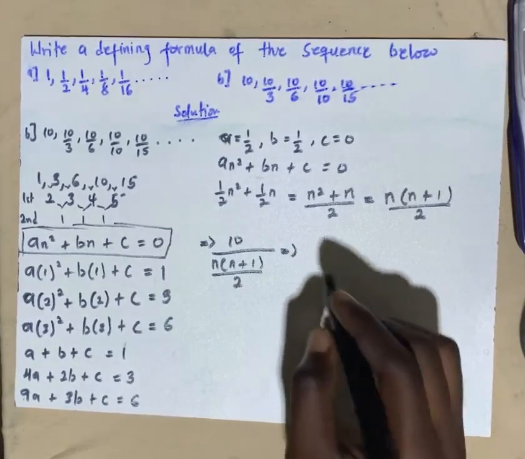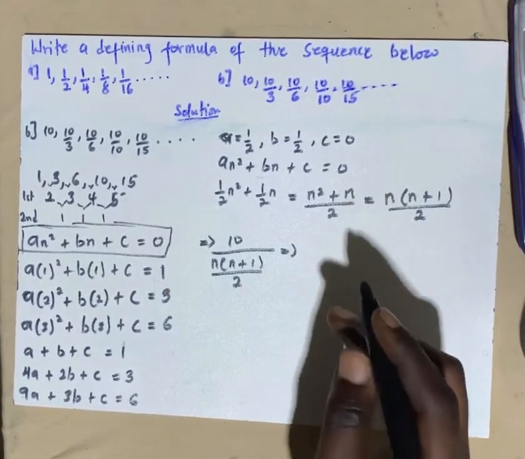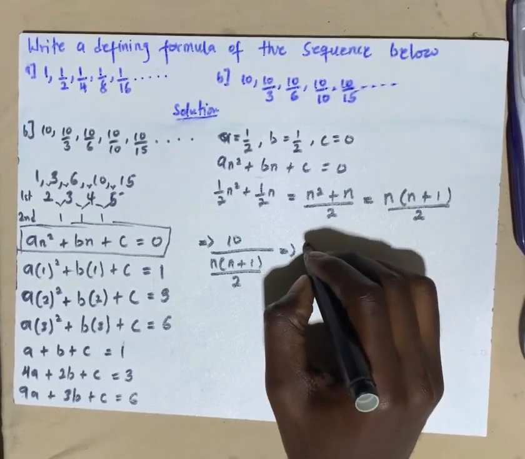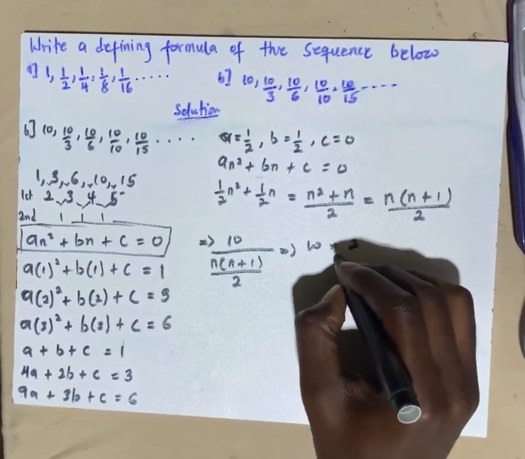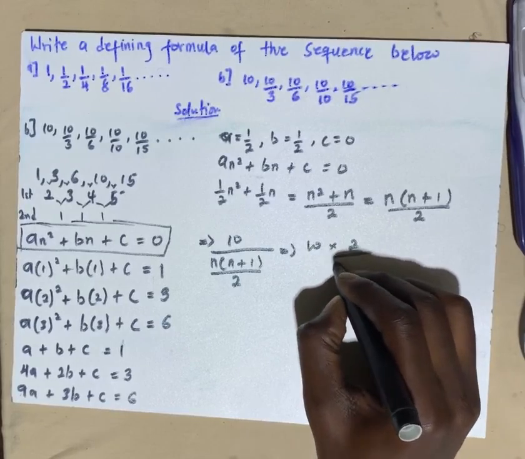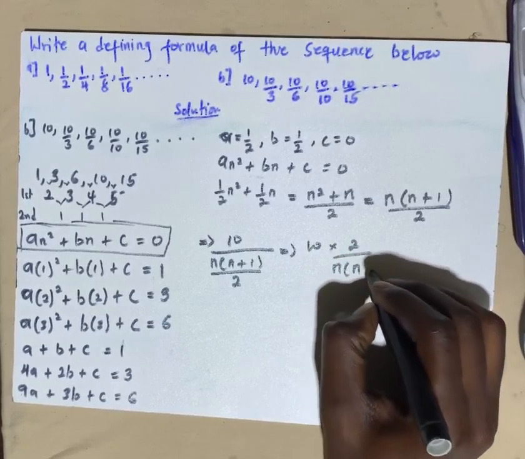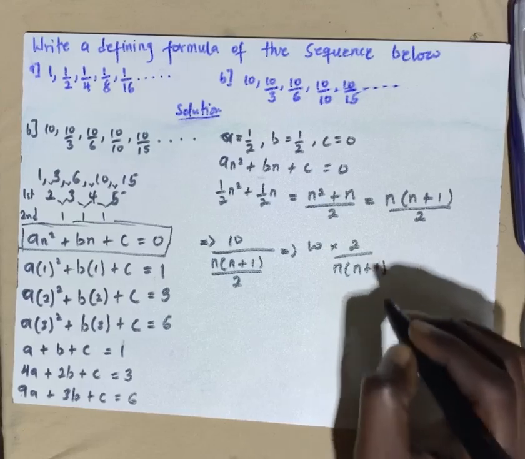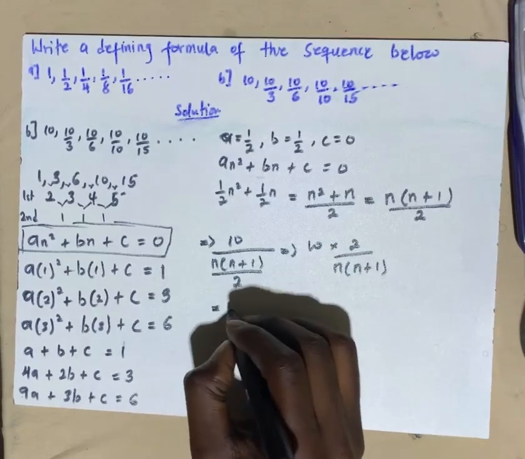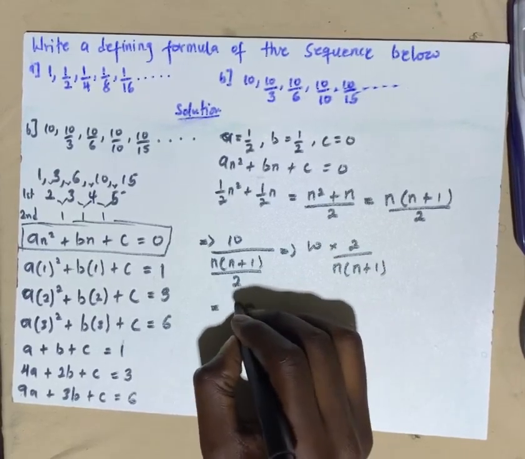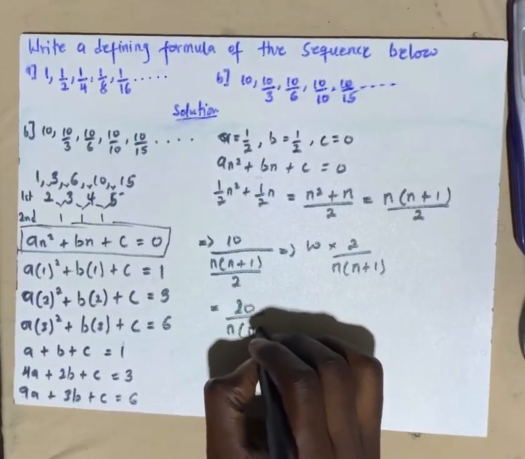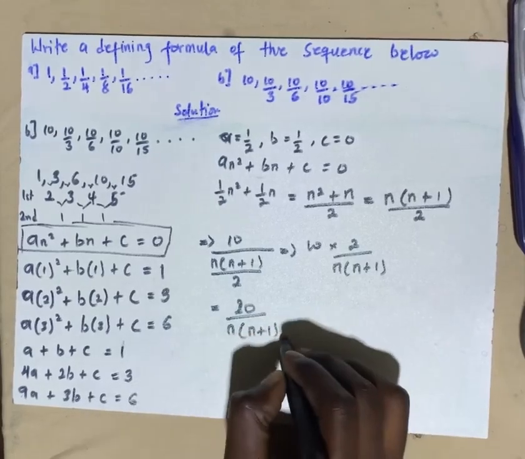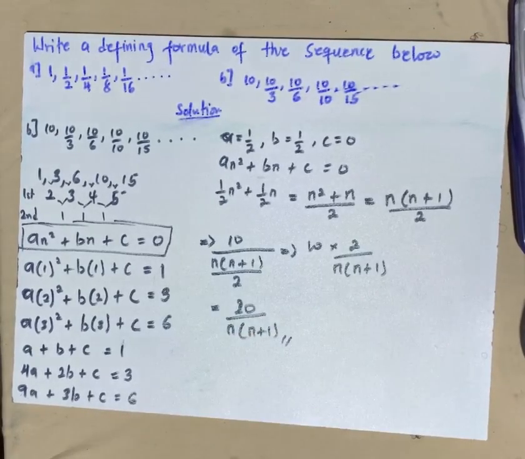So with this one, we are going to get 10 multiplying 2 all over n bracket open n plus 1. So at the end of the day, we are going to get 20 all over n bracket open n plus 1. And this is going to be the formula for the sequence.